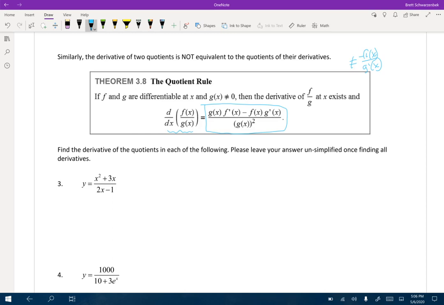Now, the quotient rule does look pretty complicated, but I do share something with students that will make it a little bit easier. What I have them do is reverse these two variables right here, right? Instead of g of x f prime of x, I do f prime of x g of x.